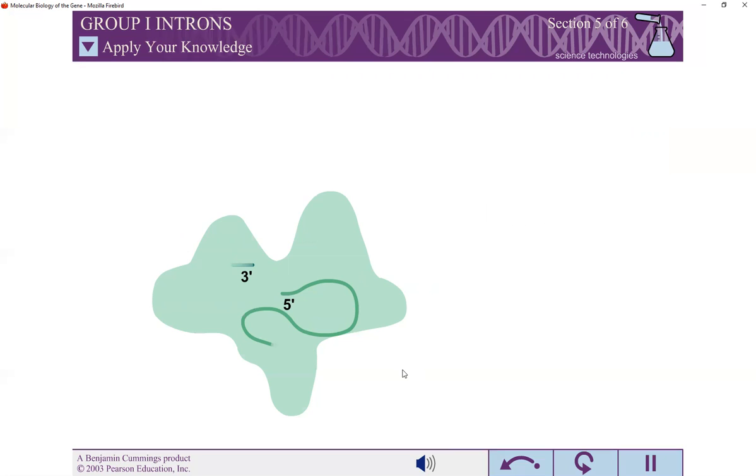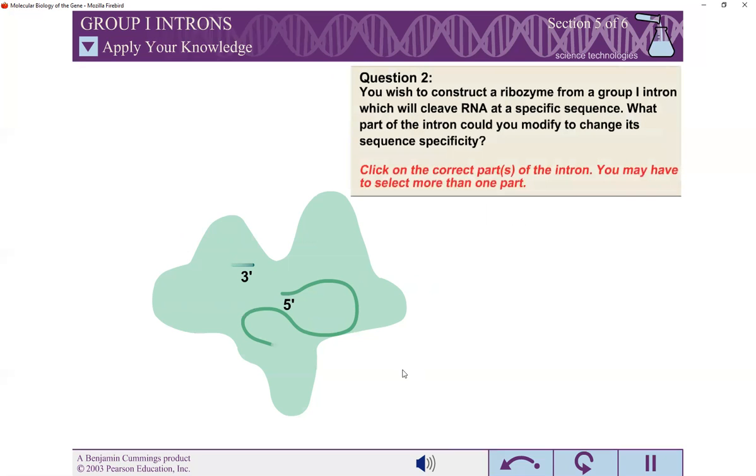Question 2. You wish to construct a ribozyme from a group 1 intron which will cleave RNA at a specific sequence. What part of the intron could you modify to change its sequence specificity? You have to make a ribozyme from the group 1 intron that will effectively cleave the RNA molecule.